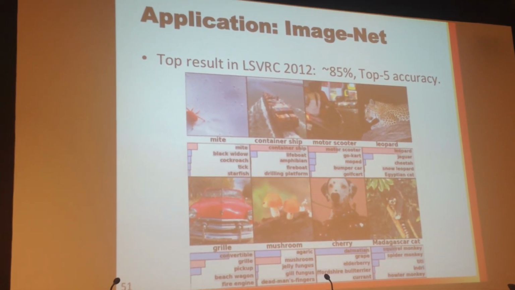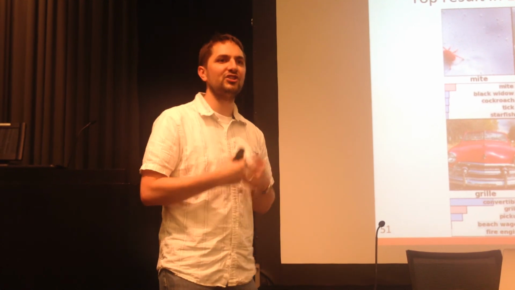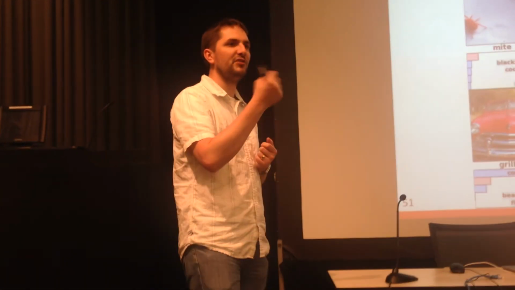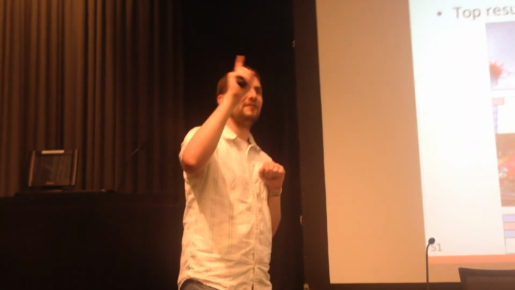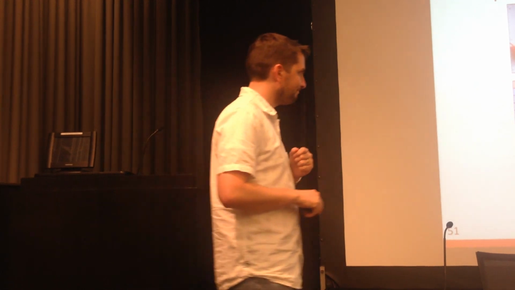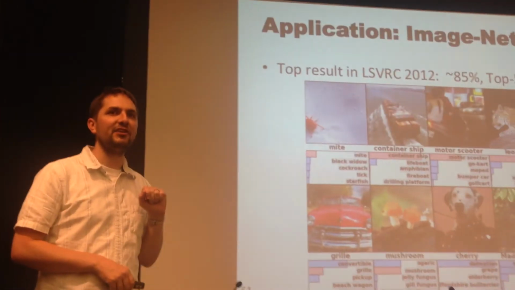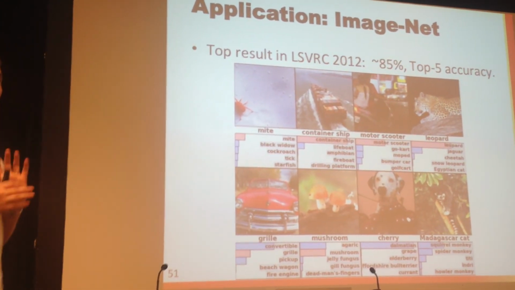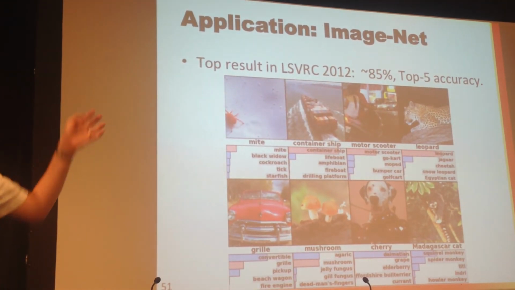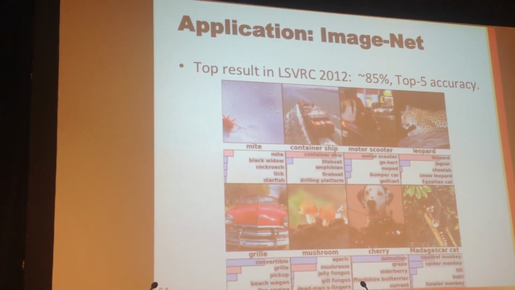There's a challenge contest every year, and the challenge is to predict which of 1,000 classes a particular image belongs to. Show your neural network an image, and you've got to figure out which of 1,000 different classes that image is an instance of. Last year this was the top performer, by a huge margin, something like 10%, which is quite a gap in terms of these benchmarks.